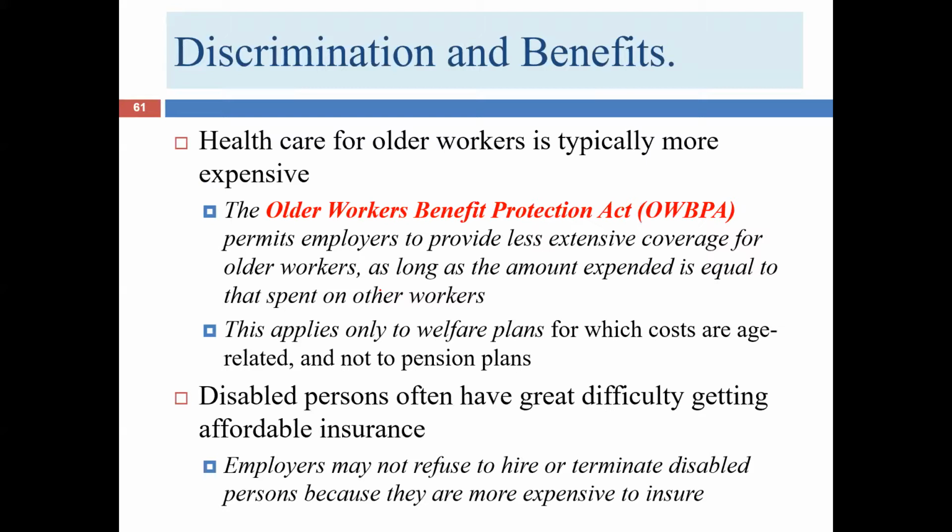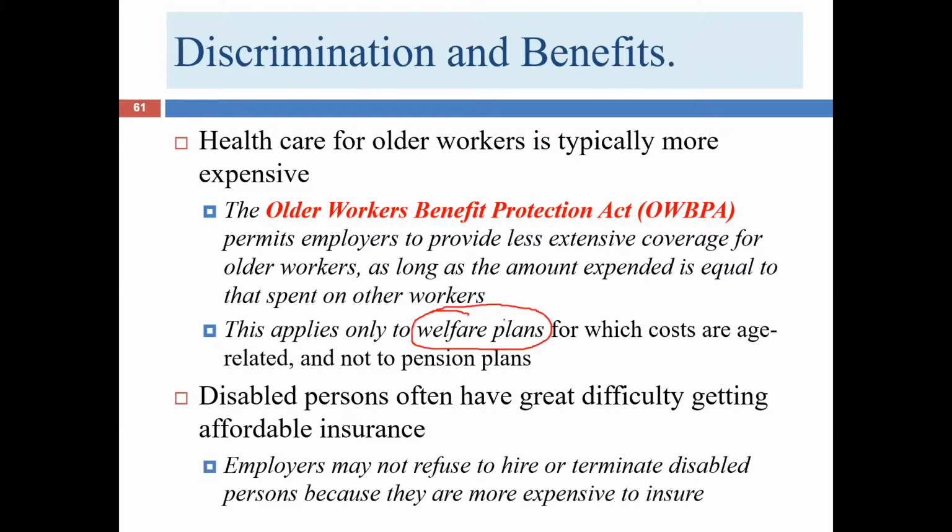So it's okay under those circumstances under the statute for the employer to provide fewer benefits for that 50-year-old worker, but at the end of the day, the cost has to be no less for that 50-year-old worker. This applies only to welfare plans, and you may recall we talked about this.